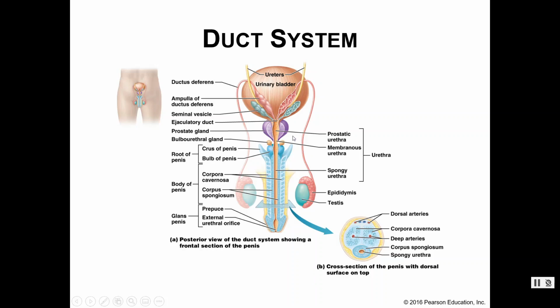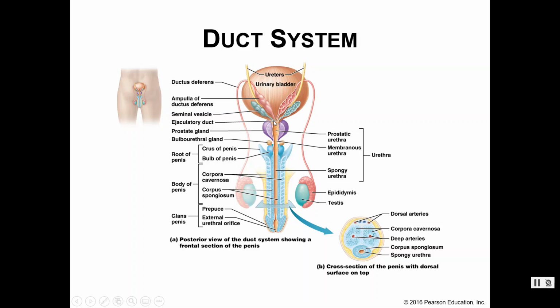All right, so this is what it all looks like. Last time we left off at the epididymis, so we're going to come up the vas deferens. Here is the ampulla that we mentioned. We've got the ejaculatory duct.